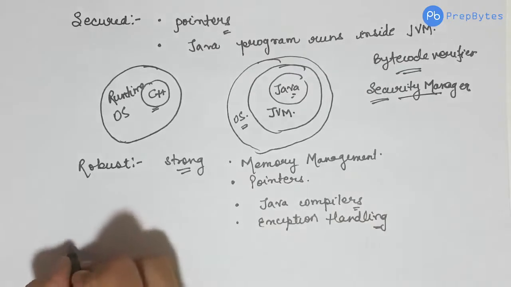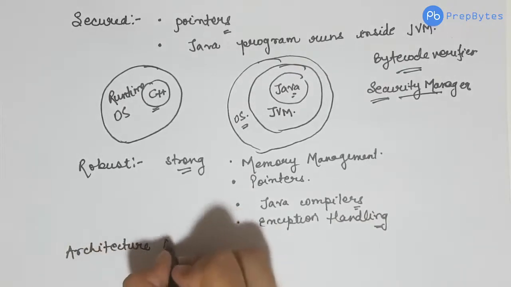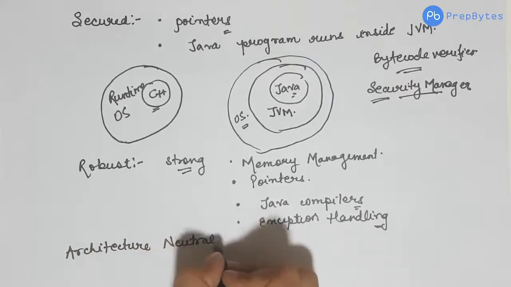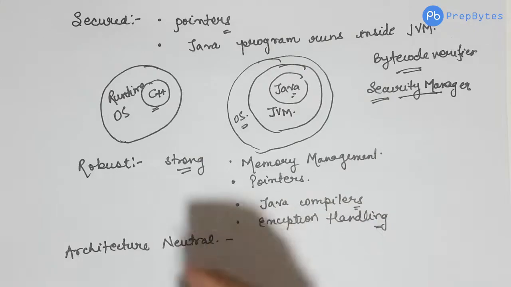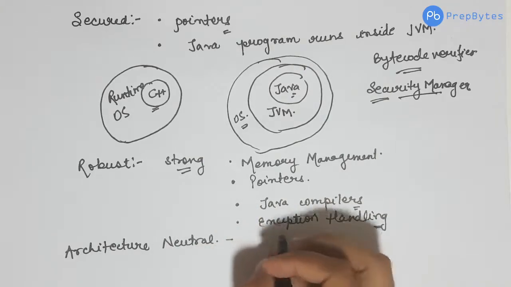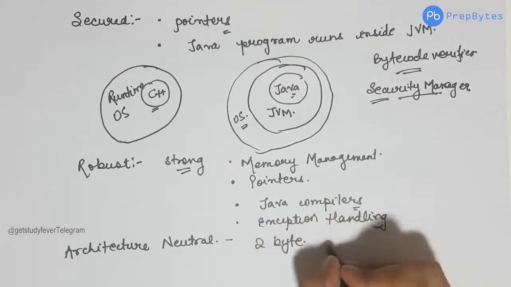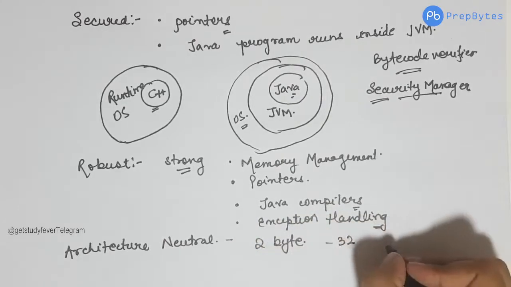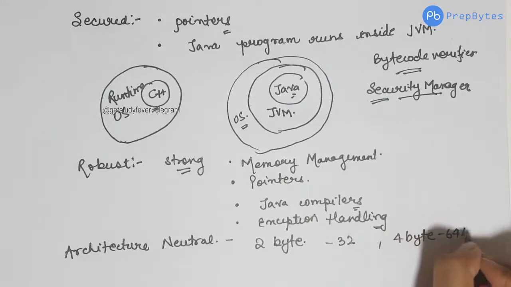Next, Java is architecture neutral. Why is Java architecture neutral? Because in other languages, let's say in C, an integer will be 2 bytes in a 32-bit operating system and 4 bytes in a 64-bit operating system.